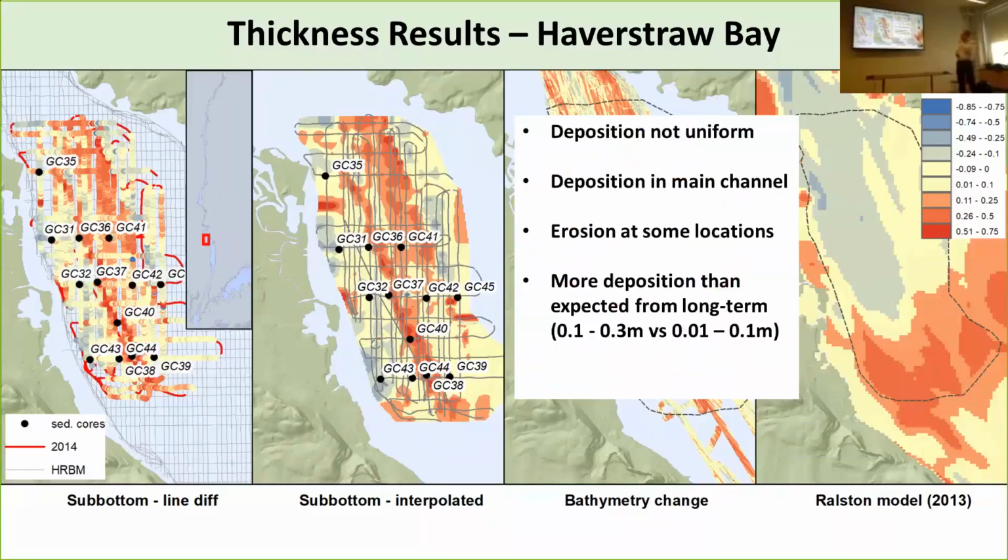So if we sum up for Haverstraw Bay, we see already here that the deposition is not uniform. A lot of deposition is in the main channel, in the northeast corner of the channel, and we also see erosion of these corners.